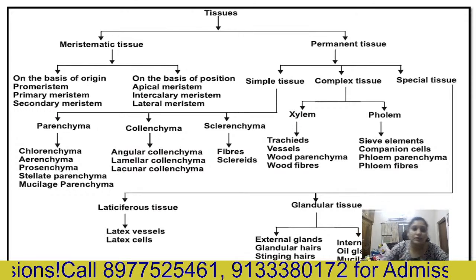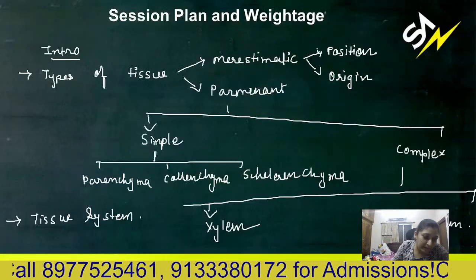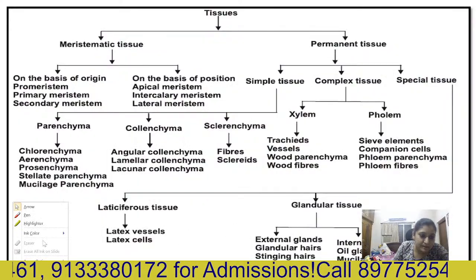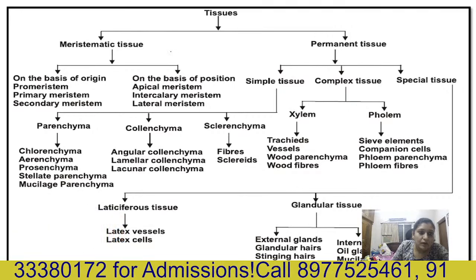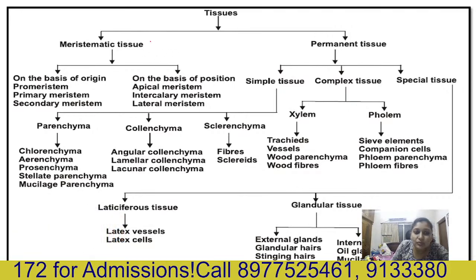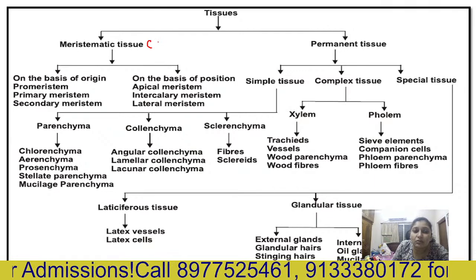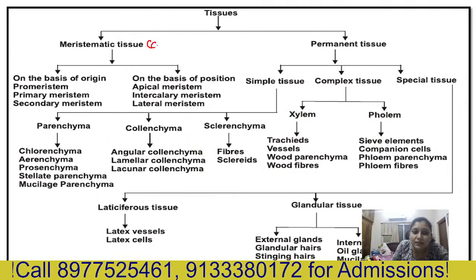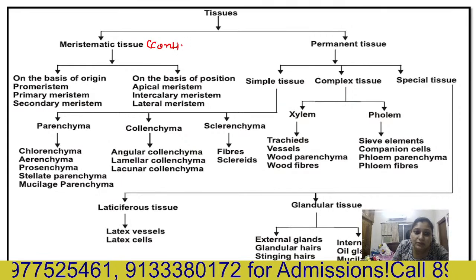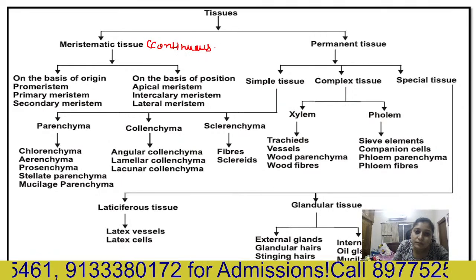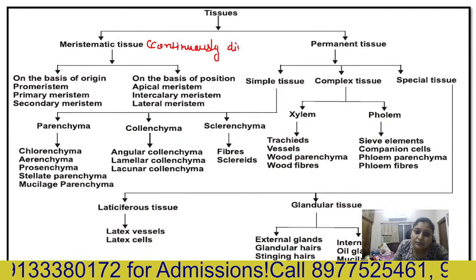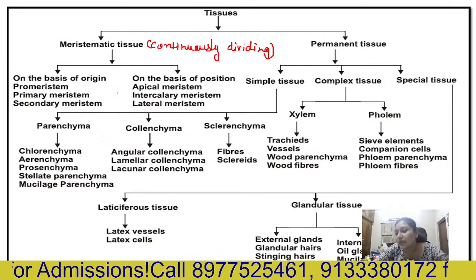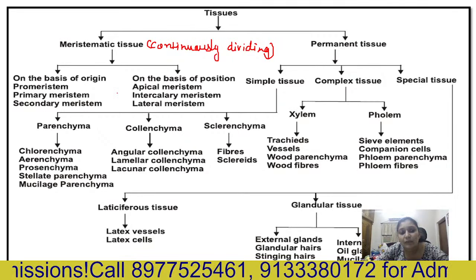So look at this chart. Meristematic tissue means continuous cell division. Cells are continuously dividing here. These cells together make a tissue known as meristematic tissue.